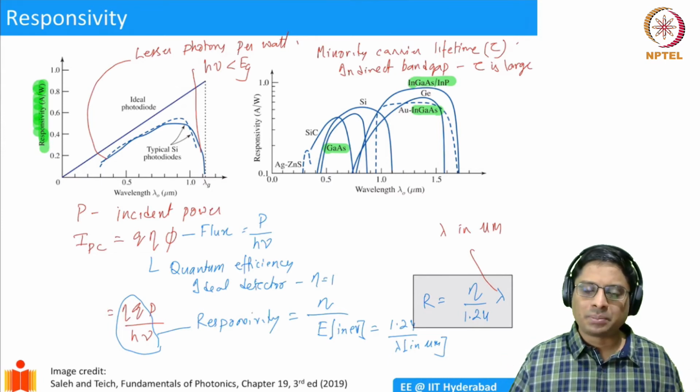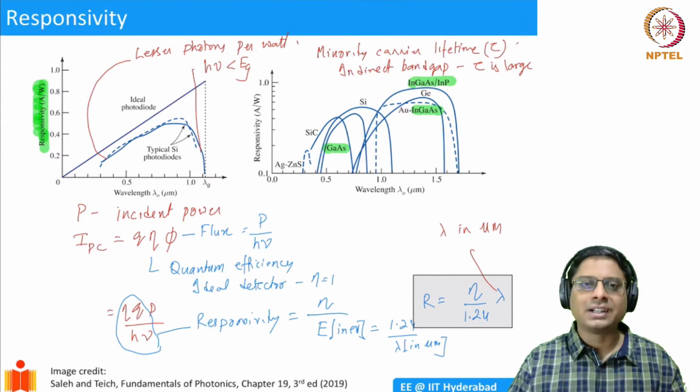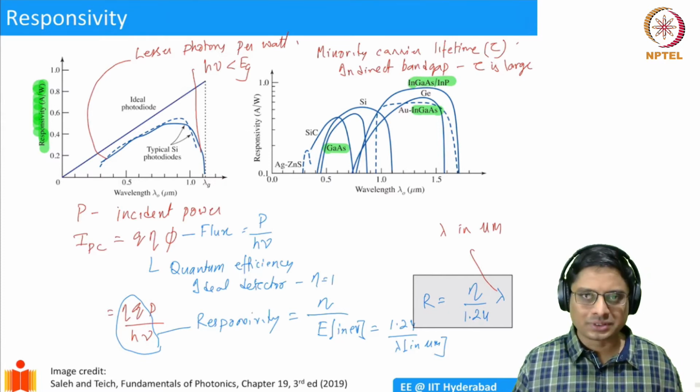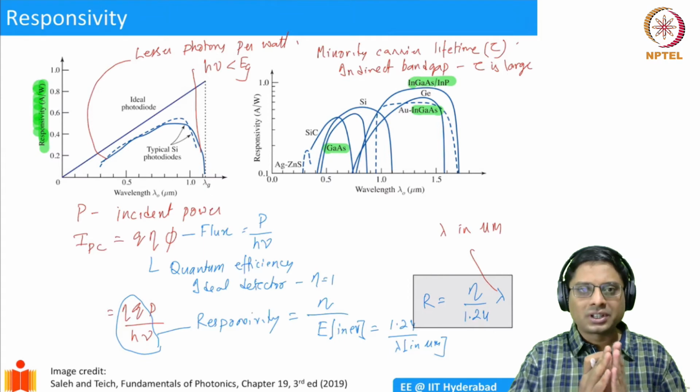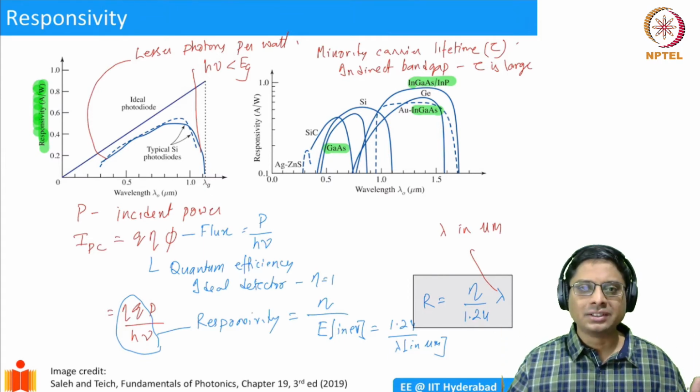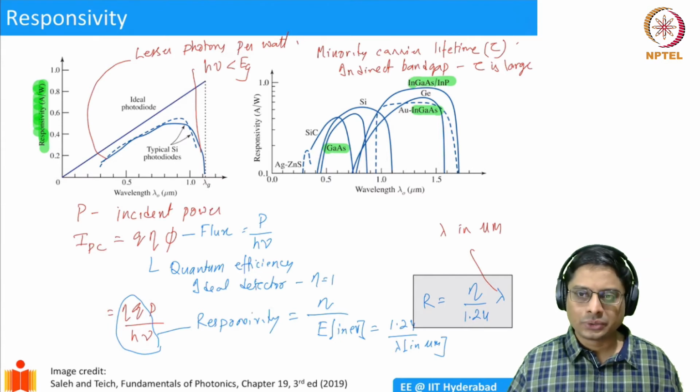Per unit length, direct bandgap materials will definitely absorb many more photons, but we can overcome that by increasing the width of the material and then collecting the electron hole pairs.